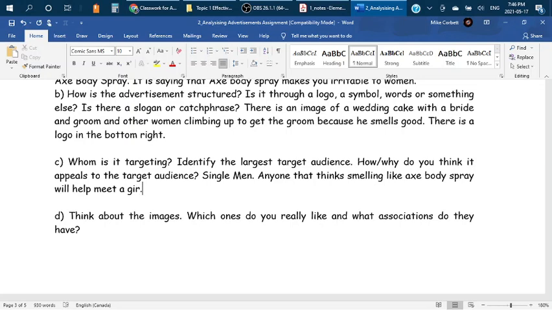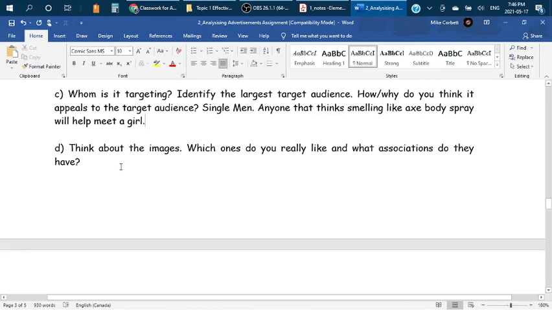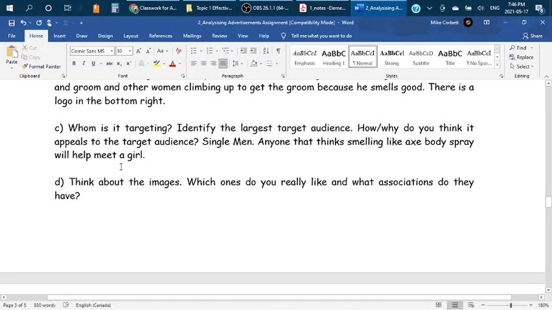That's essentially what it's saying in a nutshell. And again, that's what they're selling it as. They actually have a very specific target audience they're trying to meet.